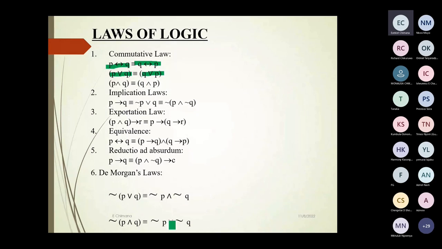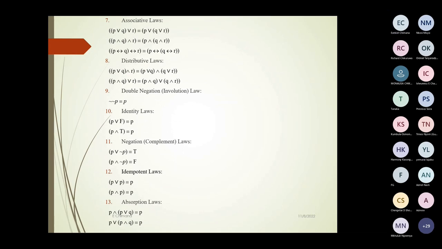On De Morgan's law, do the same. This one, you can substitute with this, right? Though I do not advise you to do a lot on them. So associative laws, but please, they are very important. Just read them, go through them.